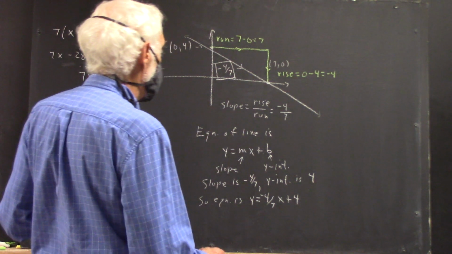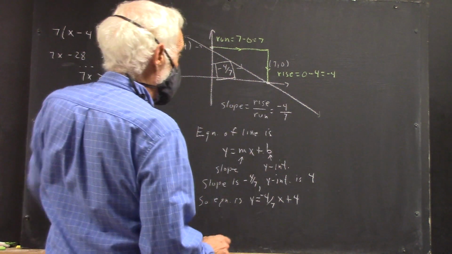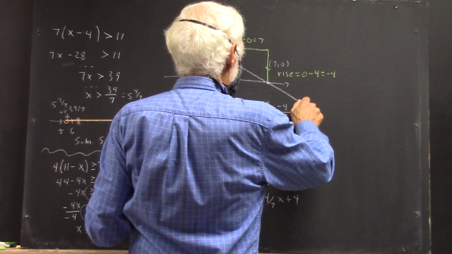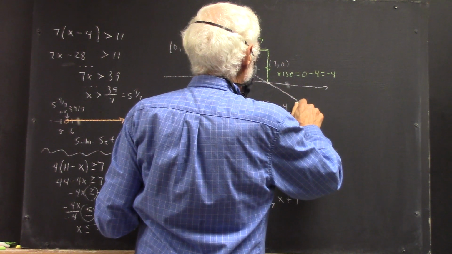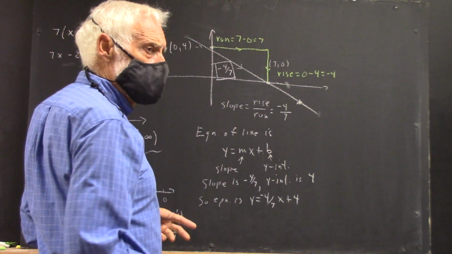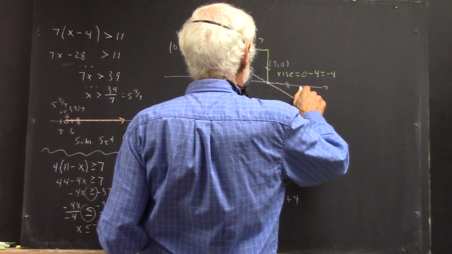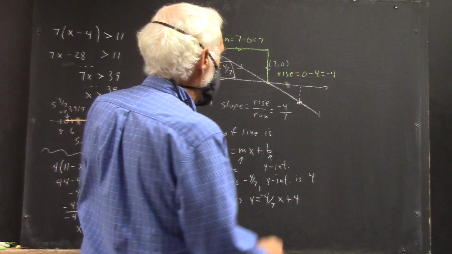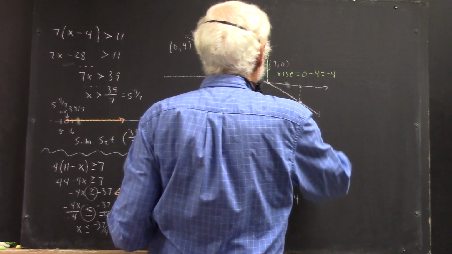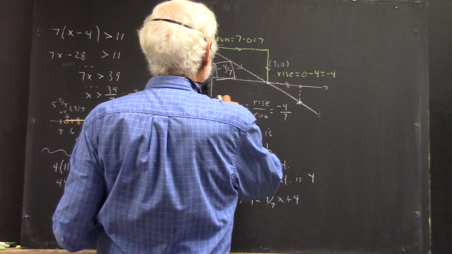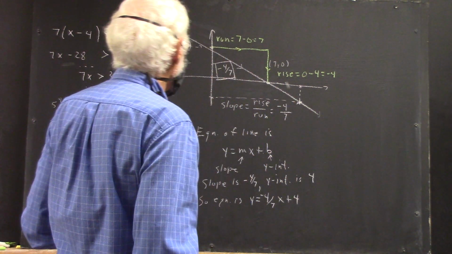So given that this coordinate here is 7 and this coordinate is 4, what do you think are the coordinates of this point? Well, the x-coordinate, you just draw a vertical projection line up to here, and here's your x-coordinate, right? And then you draw a horizontal projection line across here, and here's your y-coordinate.